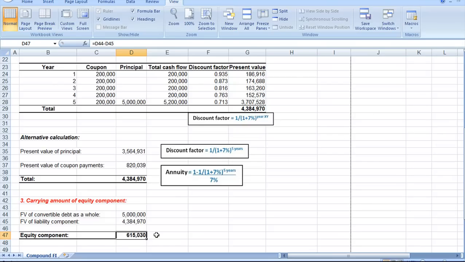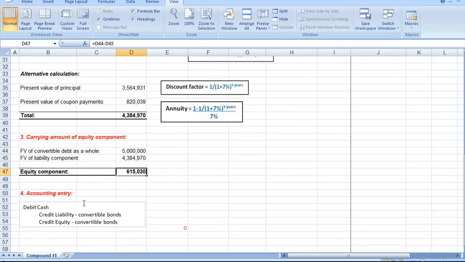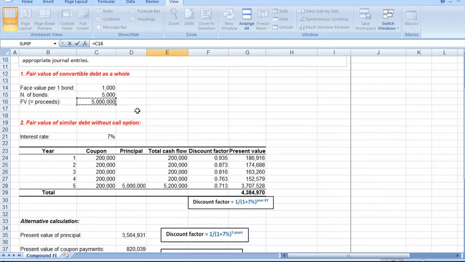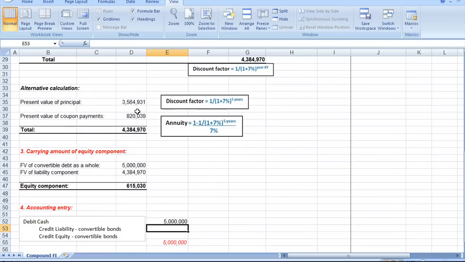So now when we split it, the equity and liability component, we can draft our journal accounting entries. We debit cash or bank account or some receivable account, well, depending on how Razor gets paid for issued convertible bonds with 5 million, because it's the cash received.